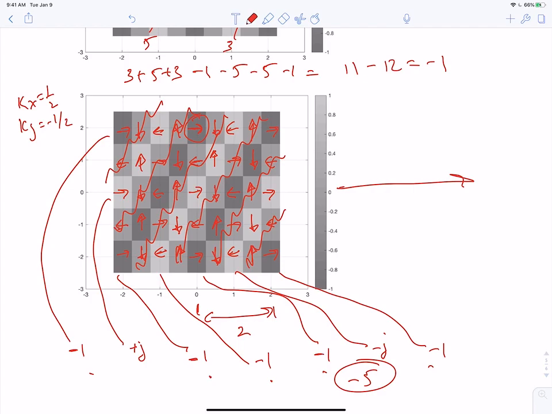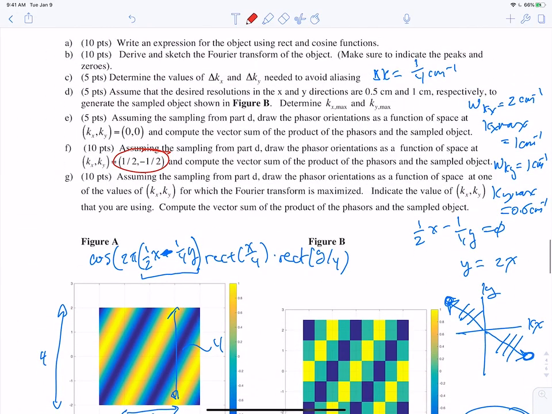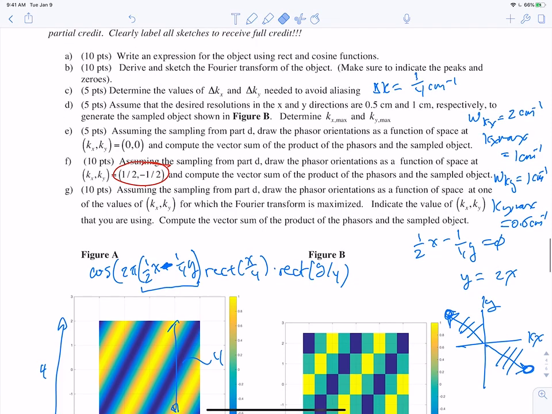Okay, and the last one is what? So this one is sort of related to the other parts of the problem. So where would you expect the Fourier transform to be maximized for this object? What kx and ky would you want to pick to optimize it?